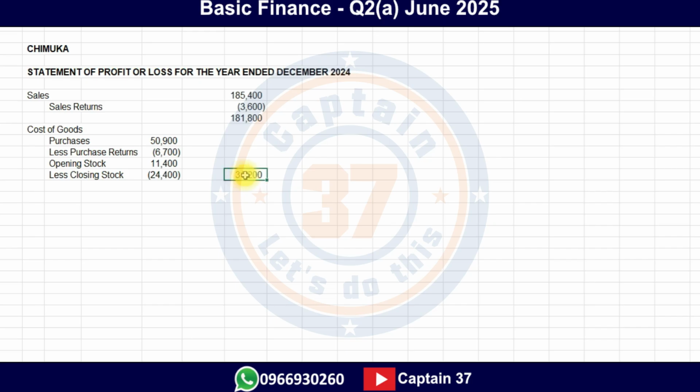This 31,200, the cost of goods, is going to be subtracted from sales, which is 181,800. We are going to indicate our answer right over here. So it's this one minus this one, and it gives us 150,600.